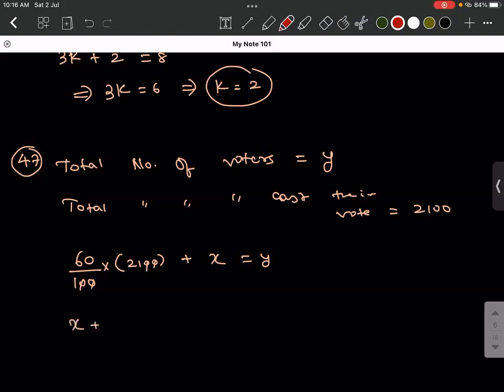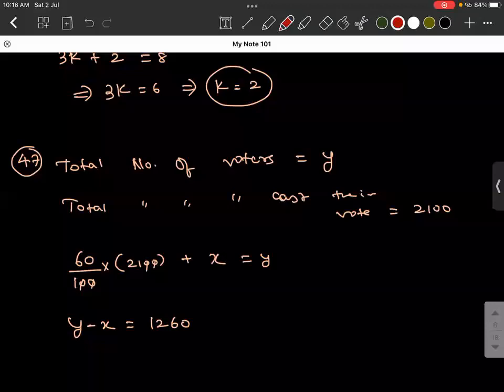So Y minus X is 1260. Right. Are they asking for an equation or a number? Number. Total number.